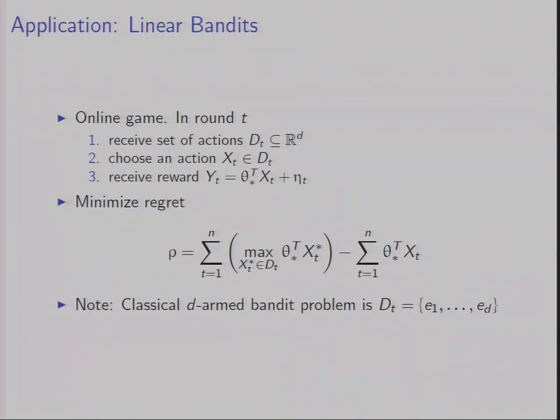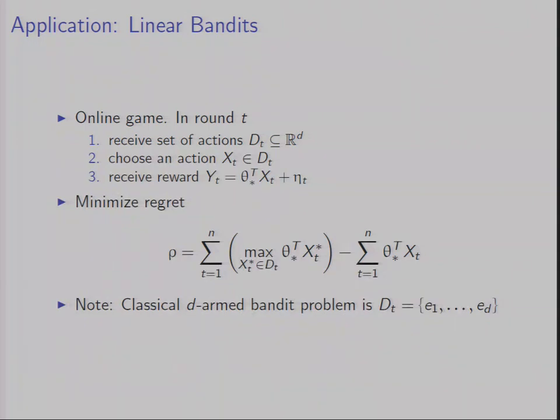The applications that we have in mind are linear bandits. So basically, the setup is as follows: we play the following online learning game. We receive a set of actions that we can choose from, and then we choose an action from this set, and then we receive a reward that's linear in that action.